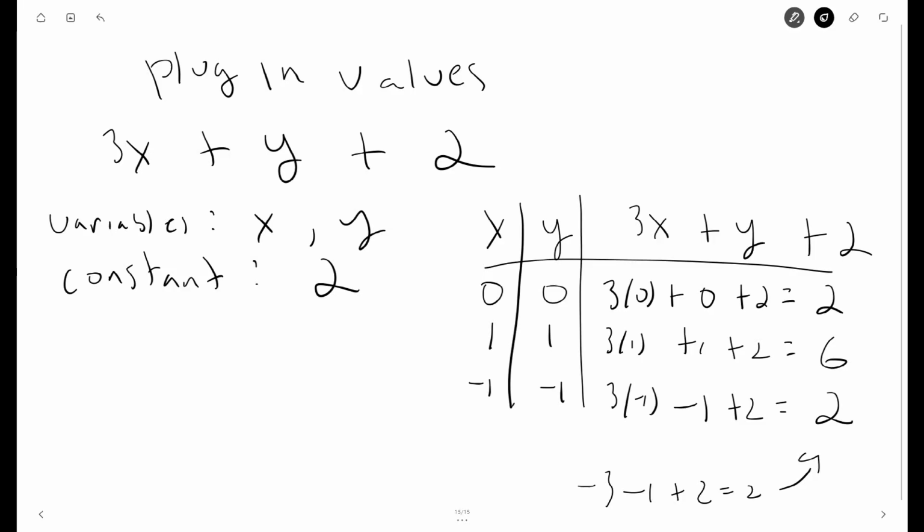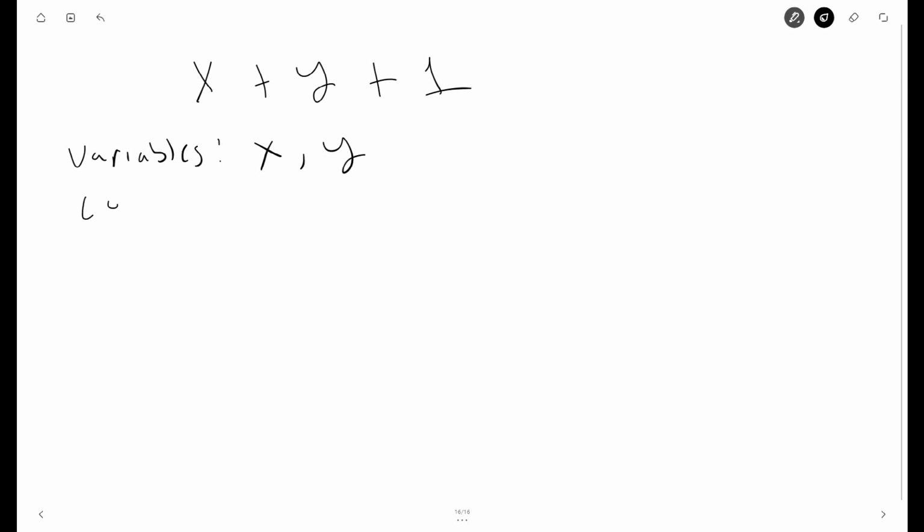Okay, let's do one more. Let's do x plus y plus 1. The variables are x and y, and the constant is 1.